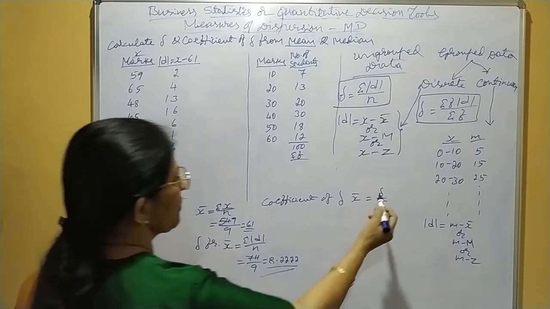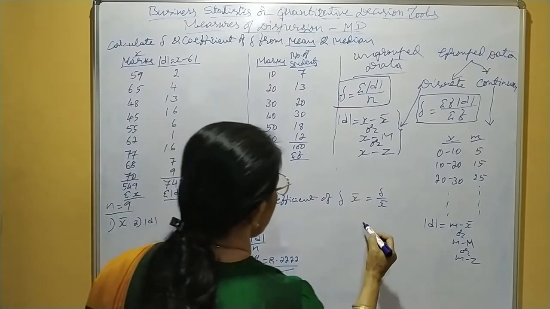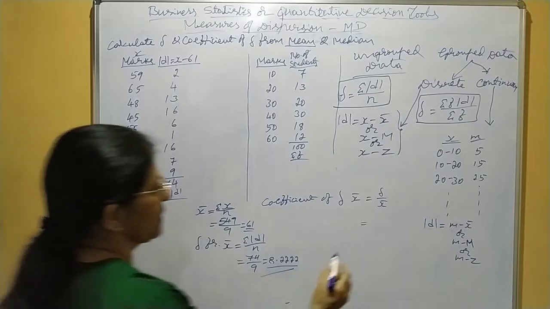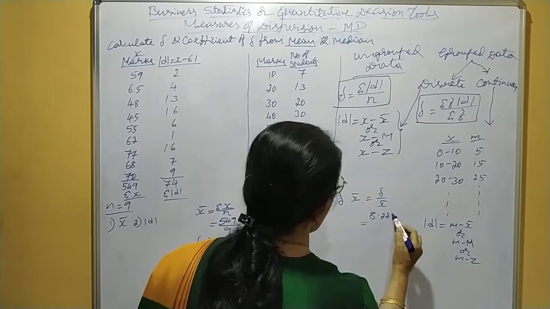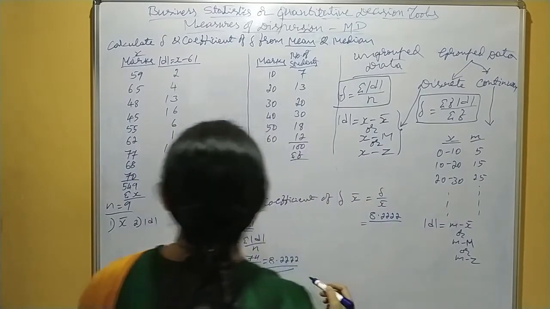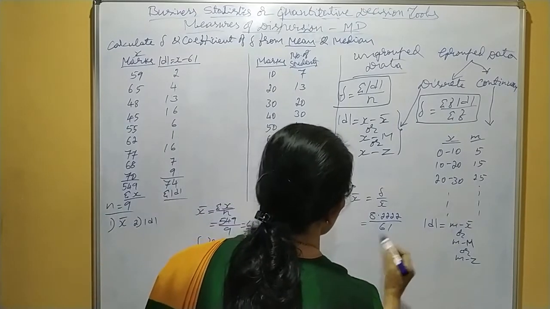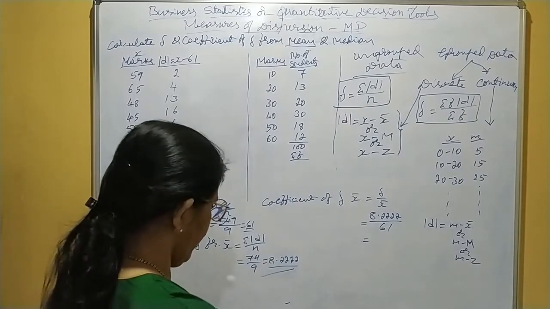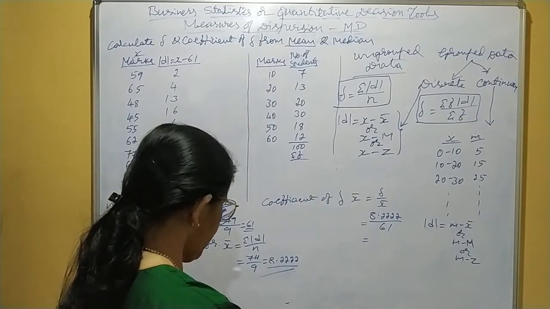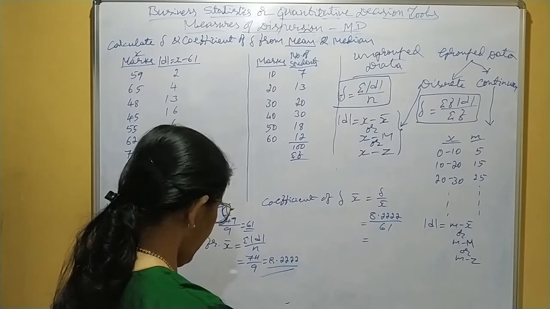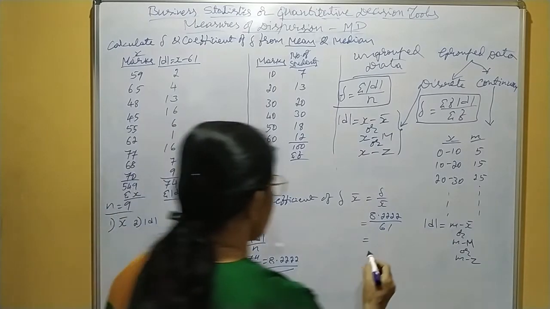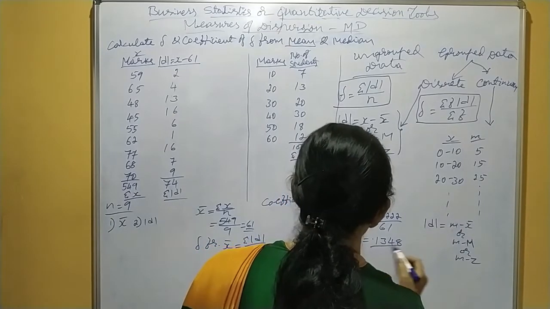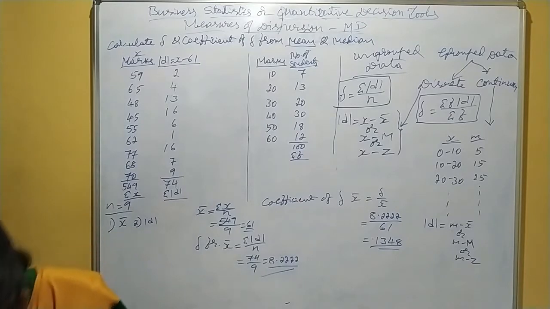Coefficient of mean deviation from mean equals delta divided by x bar. Here delta refers to mean deviation from mean. It is 8.222 divided by x bar. X bar is 61. 8.2222 divided by 61 equals 0.1348. This is coefficient of mean deviation from mean.